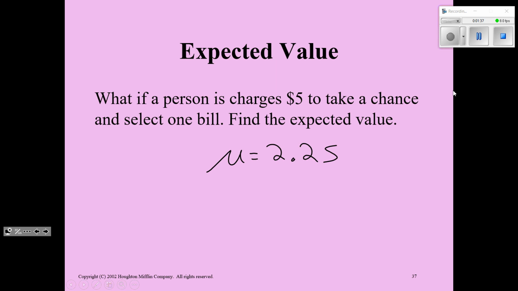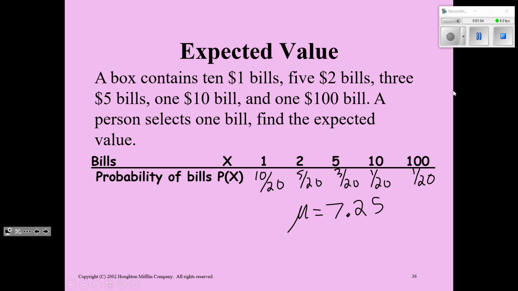All we're going to do today is look at a whole bunch of examples of this type of thing, and so we want to create our probability distribution. As we do these, here's a thought I want you to have in your head. If you would pay $5 to play, what happens when you play that?